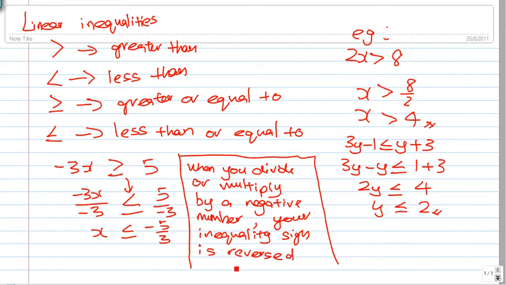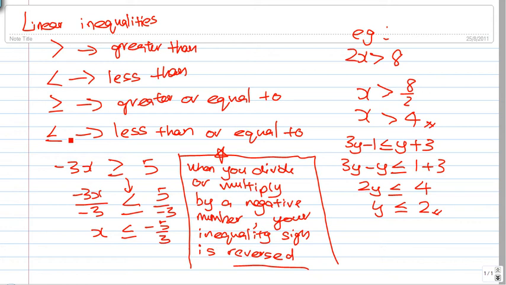Okay, by reversed, I mean from greater than, you will get less than. From greater than or equal to, you get less than or equal to.